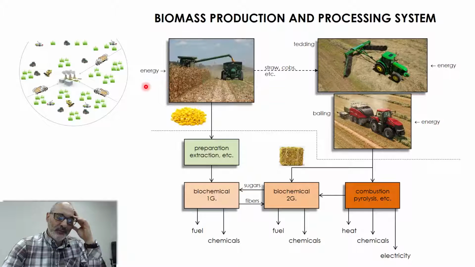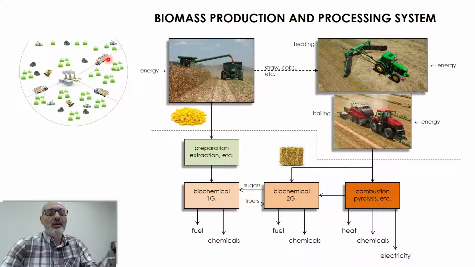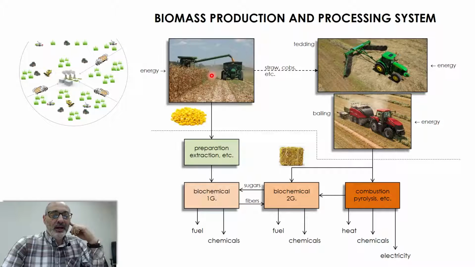But the idea is that you spend energy for harvesting and for all soil operations. For instance, you have to plow and prepare the soil in order to grow these plants. But you also have agricultural operations associated with harvesting, for instance the harvesting machine.